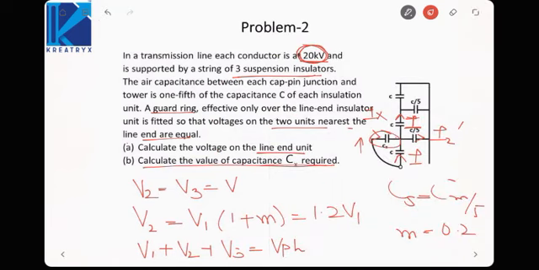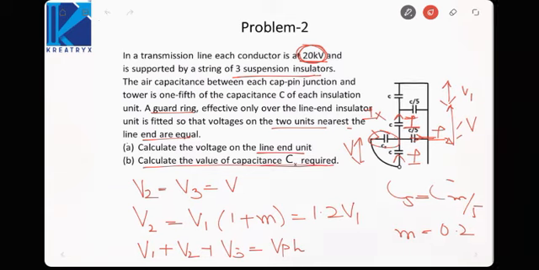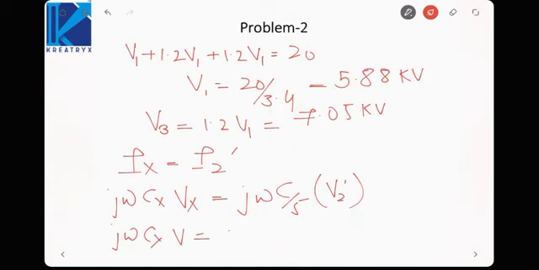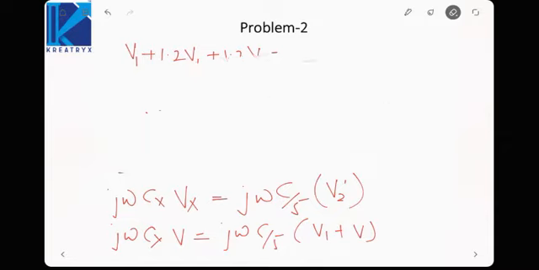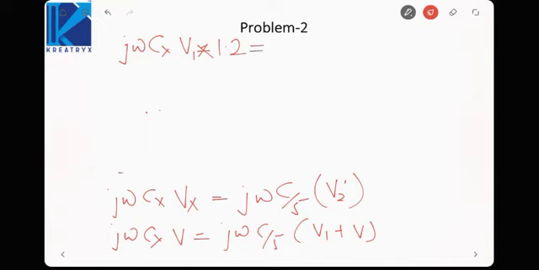Voltage across this capacitor is V, and voltage across this C by 5 is V1 plus V. V2 dash is V1 plus V. So this will come out to be V1 into 1.2, V is equal to 1.2 V1.